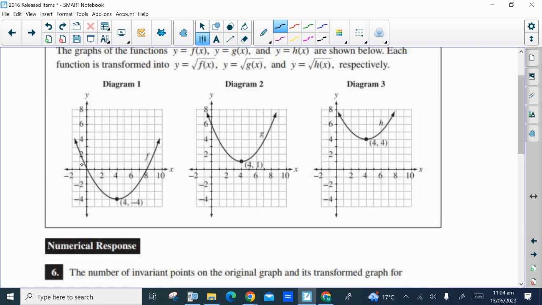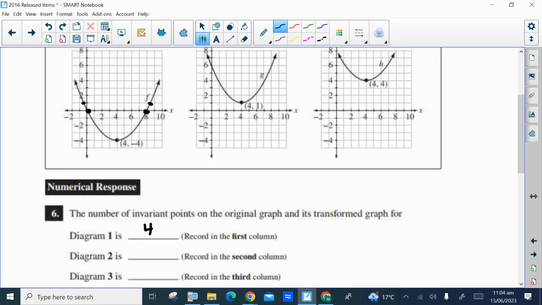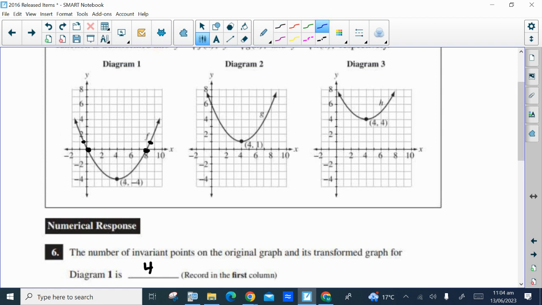The first graph will have 2 invariant points where y equals 1 and 2 invariant points where y equals 0. So that first graph will have 4 invariant points. The second graph will have only 1 invariant point. Nowhere on that graph does y equals 0, and there's only one spot where y equals 1.